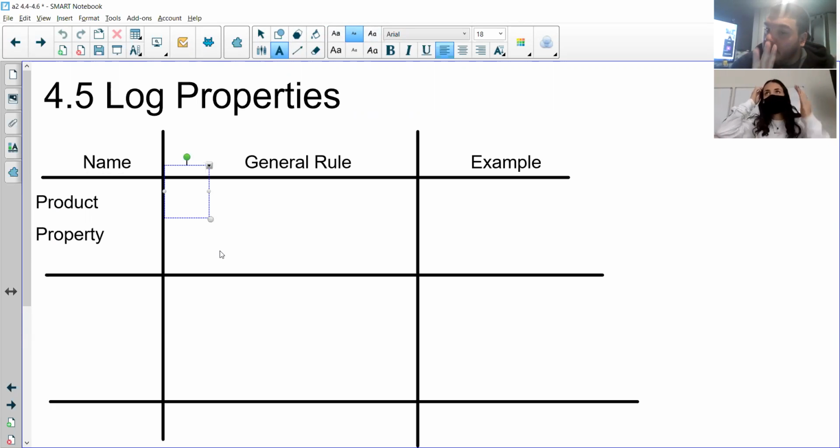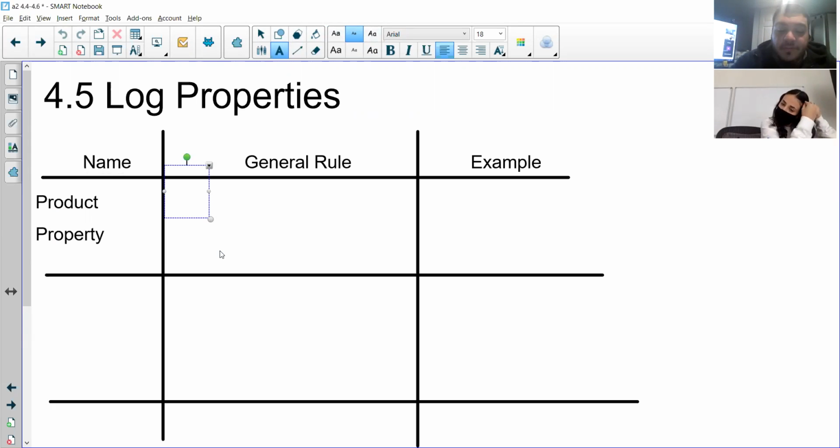Now remember, this is all in logs. So what I'm first going to show you is in exponents, but the rule itself is going to be the log aspect of it. So the first thing I'm going to show you is the exponent thing, and then I'll show you the logs.